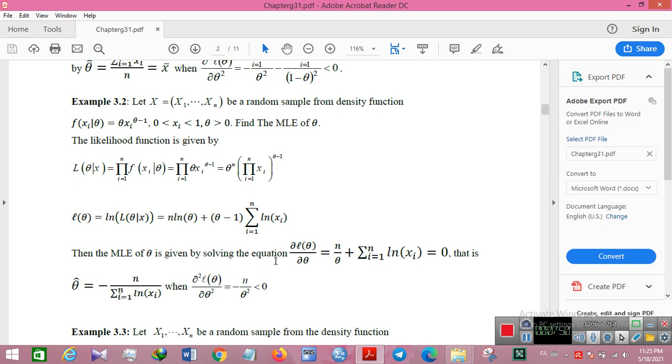The derivative of the log likelihood with respect to theta is given by n over theta plus the summation of ln xi. Setting it equal to 0, we find theta hat in that form, and the second derivative is also negative, so theta hat is a maximum value.